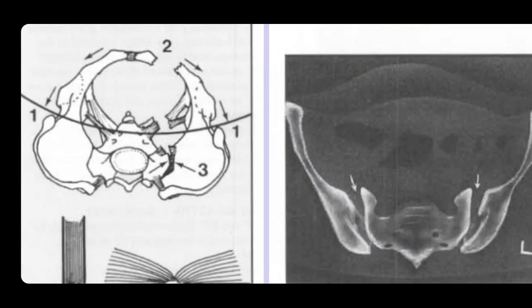So when we are examining a patient with this type of injury, of course we start first of all with clinical examination. And when we look at this patient, you will see some hematoma and bruising at the sites where the force was applied.